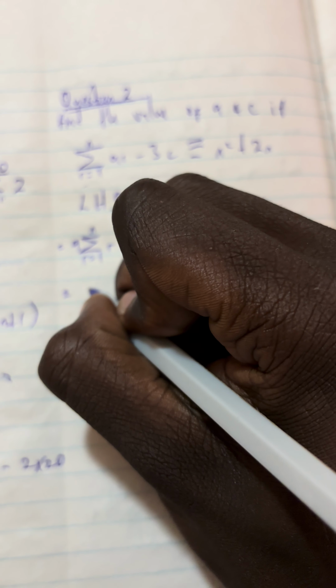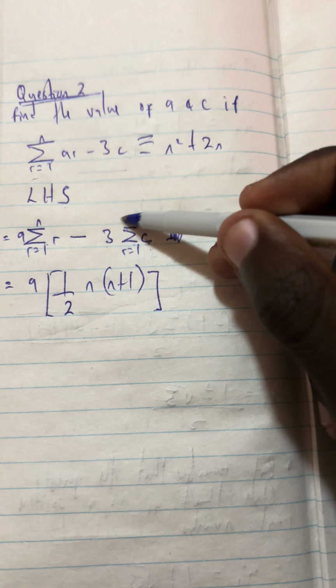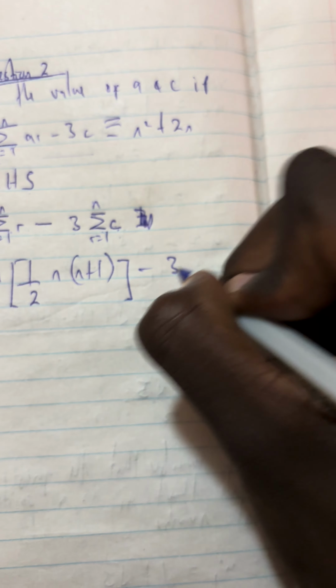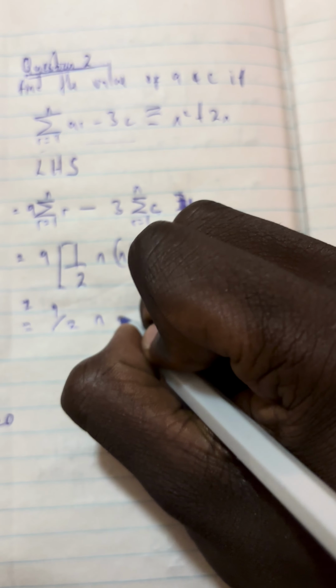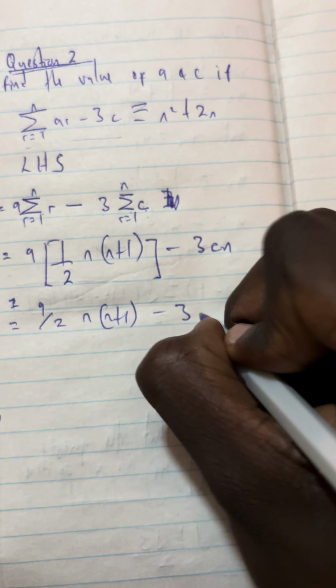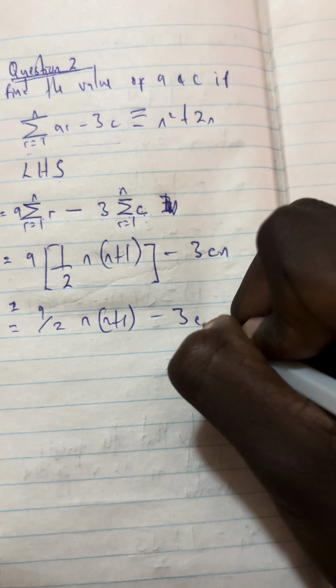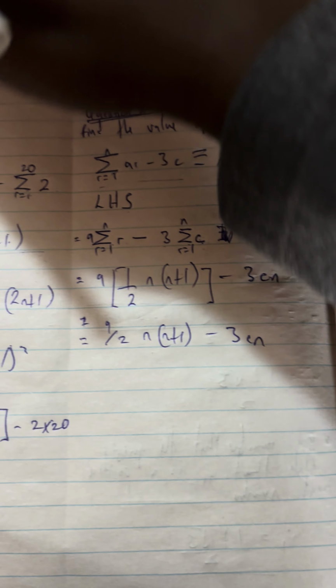Since that is C, just another constant, we multiply 3C times n times 3, minus 3Cn. So here we simplify, and put this inside the bracket: A over 2 times n plus 1, and minus 3Cn. I hope we are together.